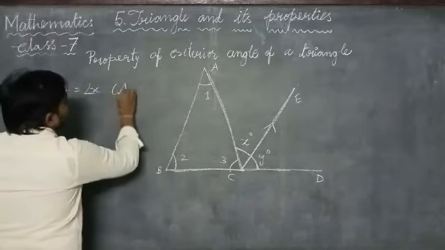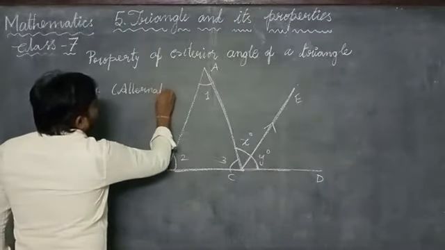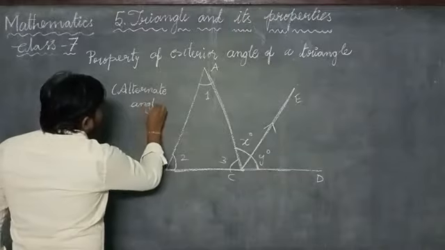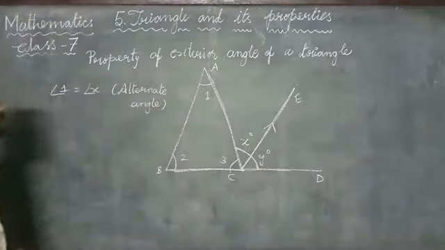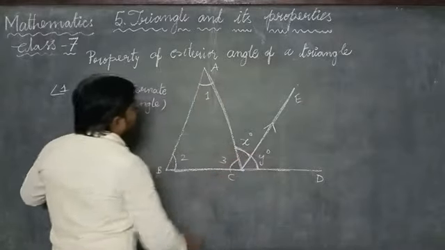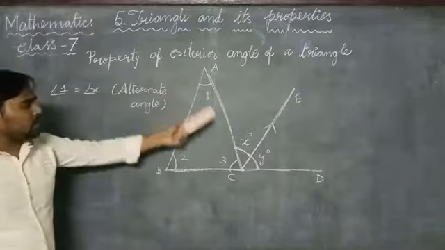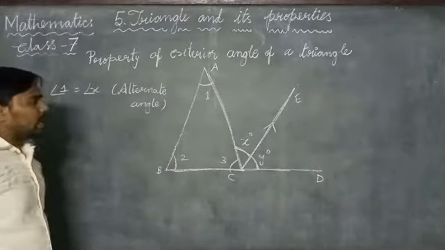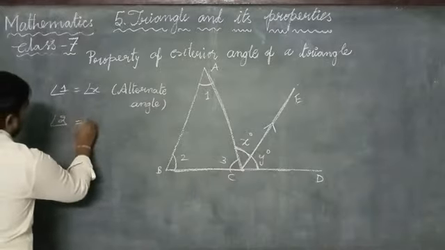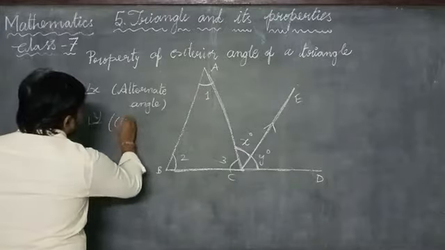From the property of alternate angles, it is possible. These are alternate interior angles and they are equal. So here angle 1 equals angle x. Now angle 2 equals angle y based on corresponding angles.